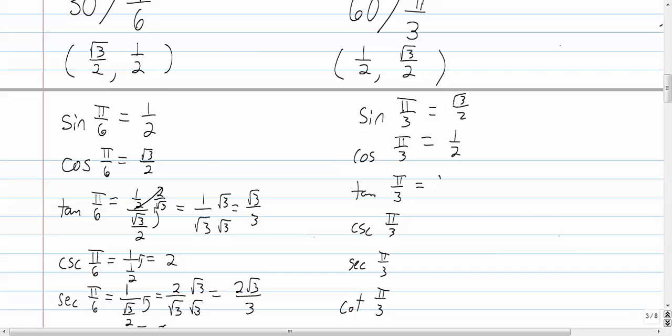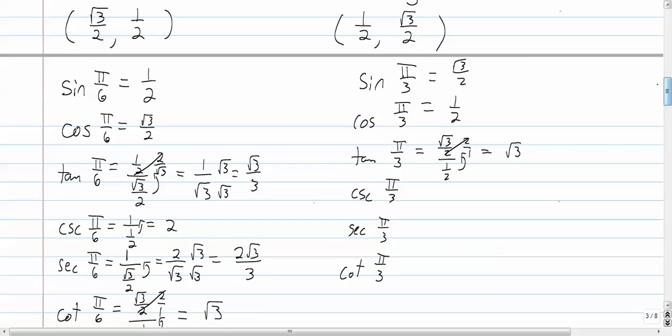So that's square root of 3 over 2 divided by 1/2. Flip and multiply, and you get the square root of 3. Notice that is the same thing as the cotangent of pi over 6. It's just flipped. It's just the opposite.